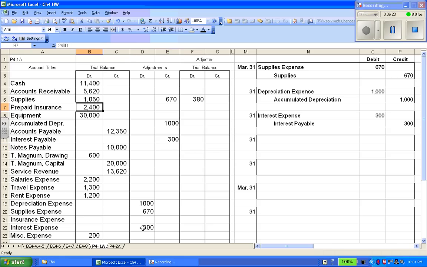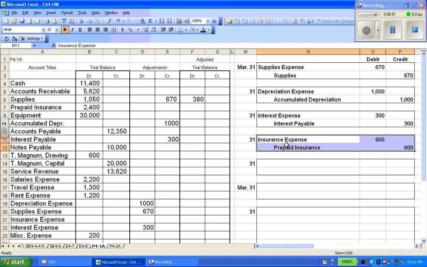And we do. It has a balance of $2,400. So we must have prepaid our insurance, but I want to record part of that expense. I'm going to accrue part of that prepaid insurance amount into this quarter. So I'm going to debit insurance expense, and I'll credit prepaid insurance for the $600.